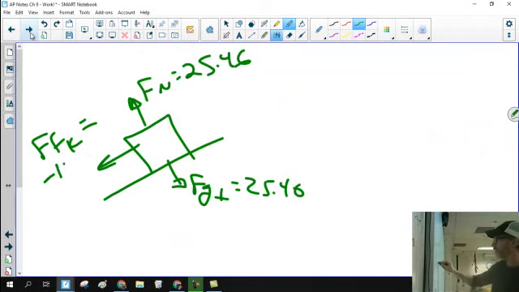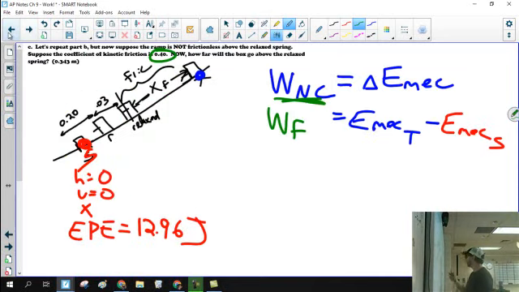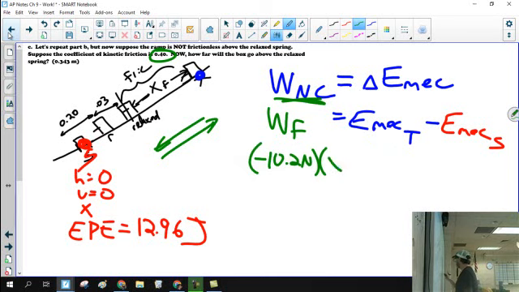So if you do that, you get negative 10.2 newtons. So there's our force of friction, 10.2 newtons. Okay, so the work done by friction, well, that's the force of friction times the displacement that it goes through. So force of friction is negative 10.2 newtons down the hill times the distance it goes up the hill. So that's the work done by friction.